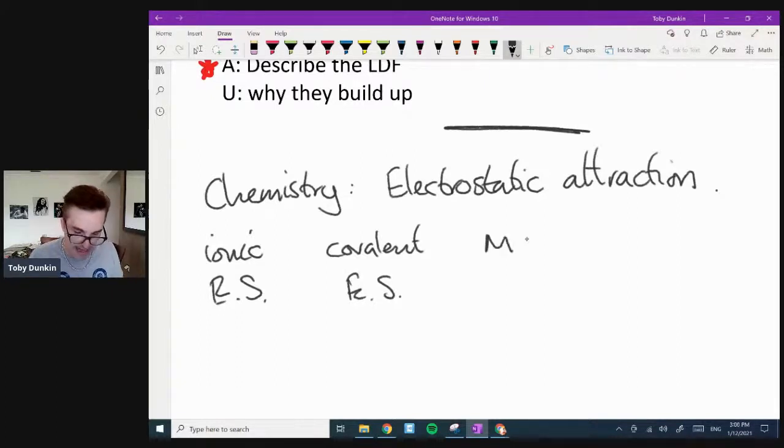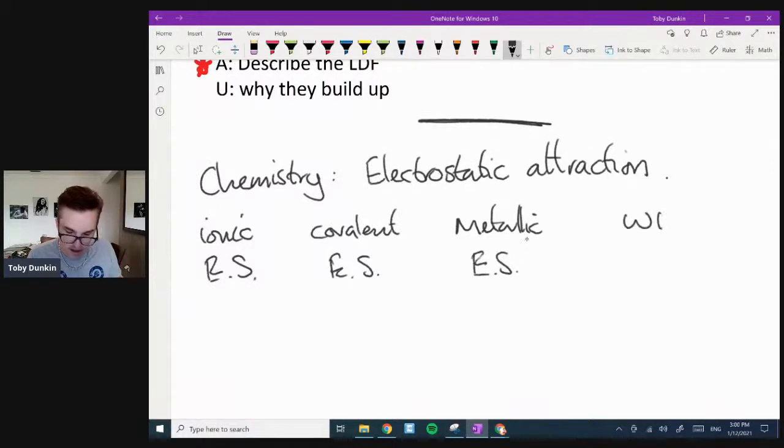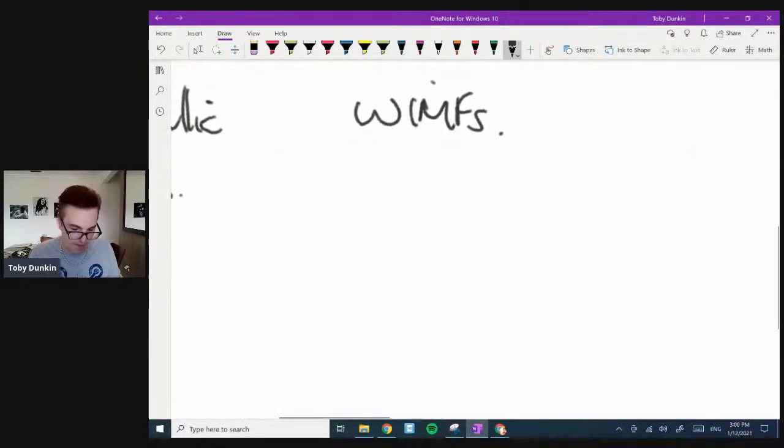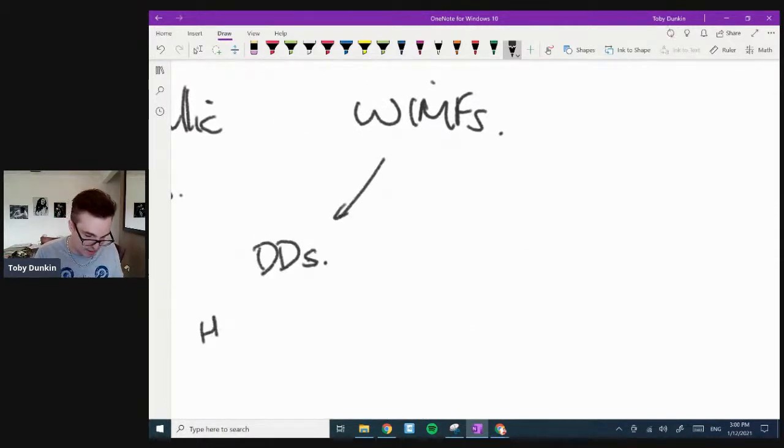Then we drop to metallic, and we say it's the electrostatic attraction between the sea of delocalized electrons, which is negative, and the positive lattice of cations. So it's also electrostatic in nature. And then we dropped into the WIMPs. And we realized that WIMPs are weak electrostatics. We realized that the dipoles are the electrostatic attraction between the slightly negative chlorine and the slightly positive hydrogen on adjacent molecules.